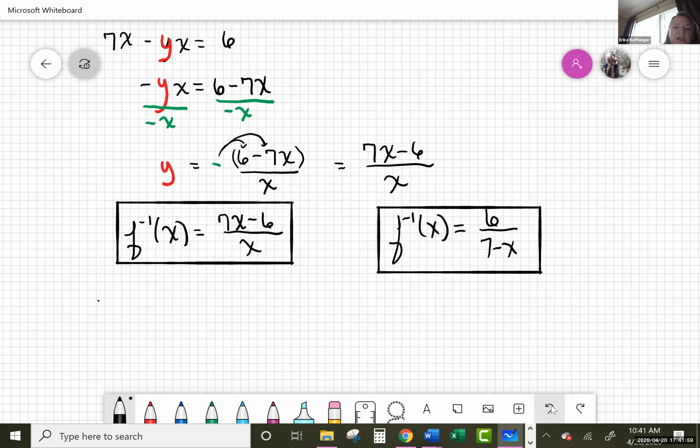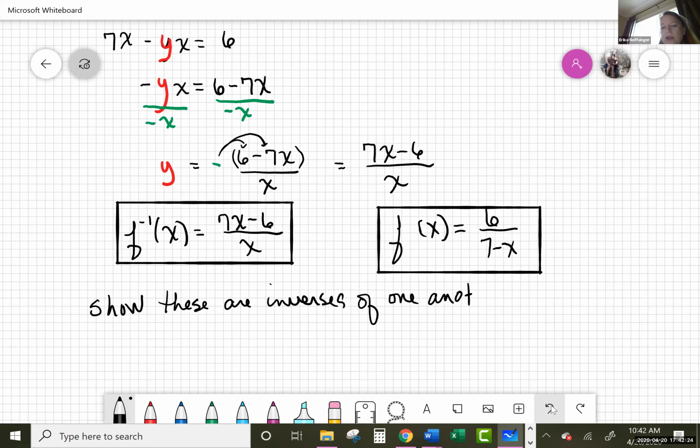So let's show, oops, that was the original, not the inverse. So to show that they're inverses of one another, it doesn't matter, take the composition in one direction.